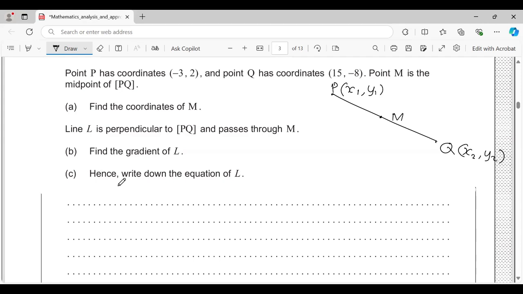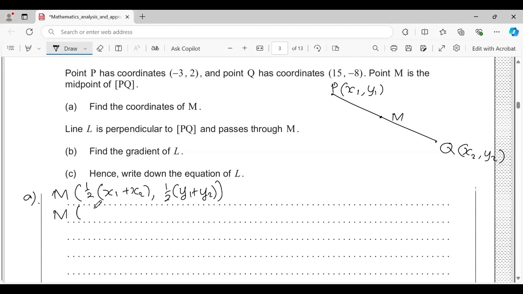So how do we determine M? Through this formula: half multiplied by x1 plus x2, comma, half multiplied by y1 plus y2.